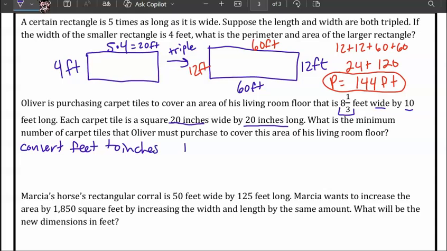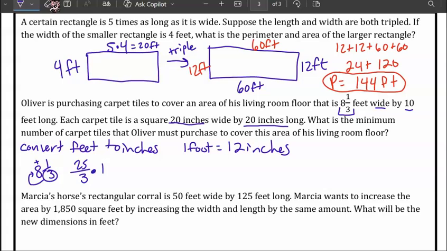Let's recall that 1 foot is equal to 12 inches. Then we can multiply each of these by 12. 8 1/3, to change it to an improper fraction, 8 times 3 plus 1, 25/3.